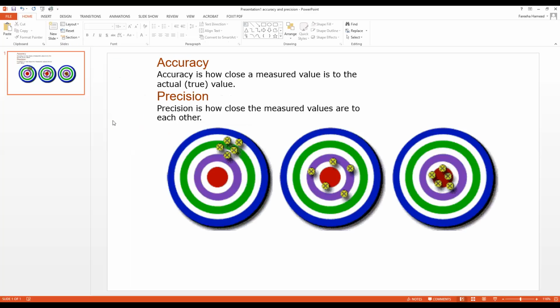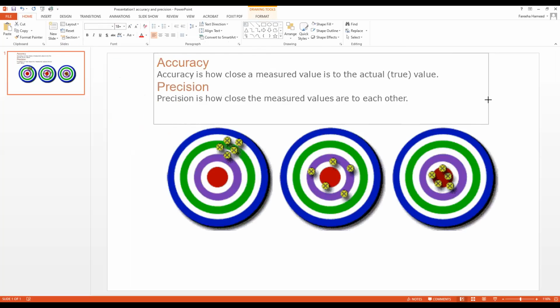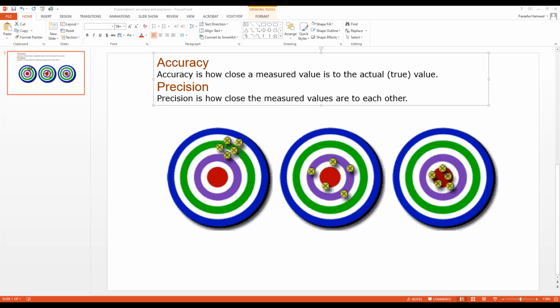Okay. So now you have the definition and you also have the figure, and you have to understand from the perspective of accuracy and precision what will be the answer. I'm going to give the question here. You're going to tell me about each figure. We have 3 figures, right?